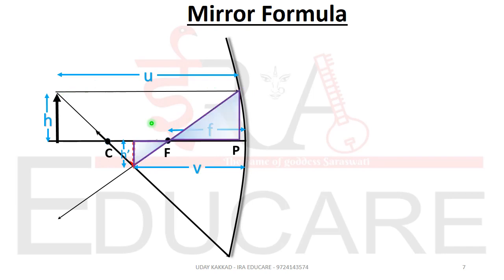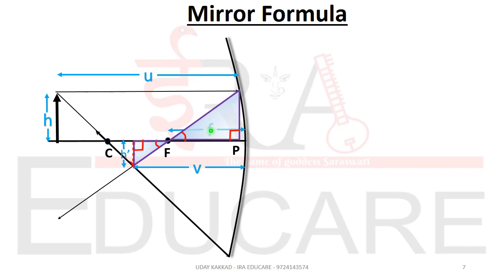Now you consider that here these two triangles are formed, right? These two angles are opposite angles, so both are the same. You know that this is 90 degrees, right?